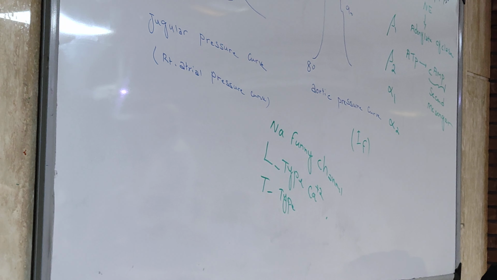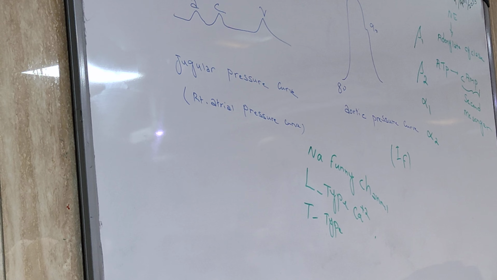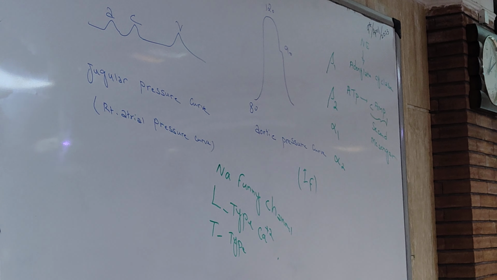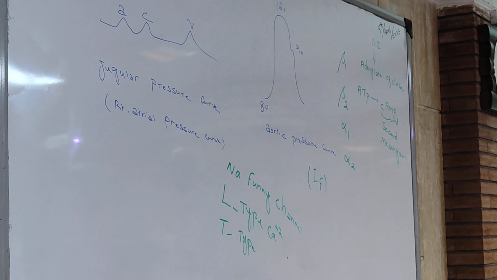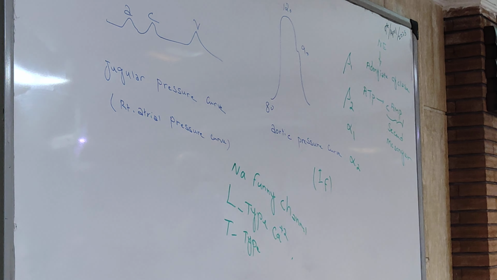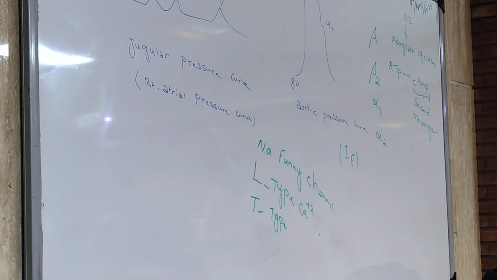Norepinephrine is released. When it is released, it acts on beta 1 receptors, activates adenylate cyclase, forms cyclic adenosine monophosphate, activates quite a few enzymes. These enzymes phosphorylate sodium channel, L-type calcium channel, T-type calcium channel.